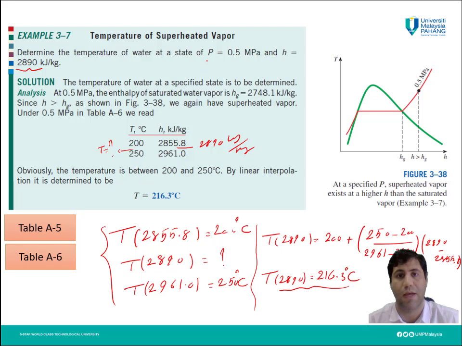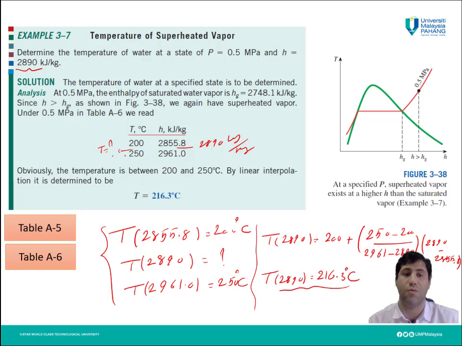The information which we had for this example was the enthalpy and pressure for water. First, we checked and understood that the state of the water with this pressure and this enthalpy is in the superheated region. Then to find the temperature, we went to table A6. In table A6, we found that there isn't a direct value for this enthalpy, so we found the two values between which this enthalpy lies.